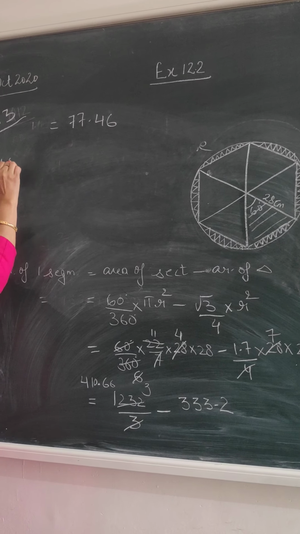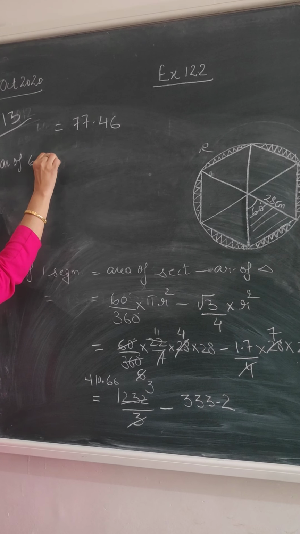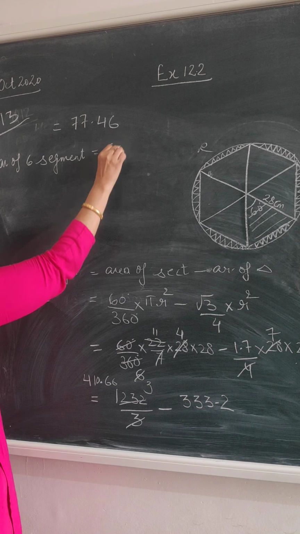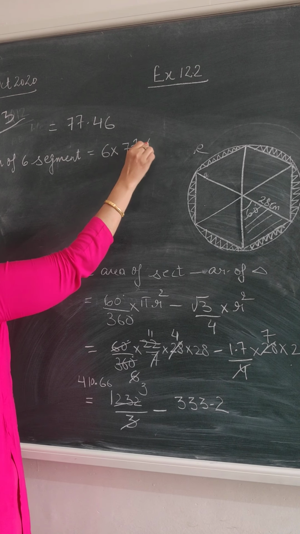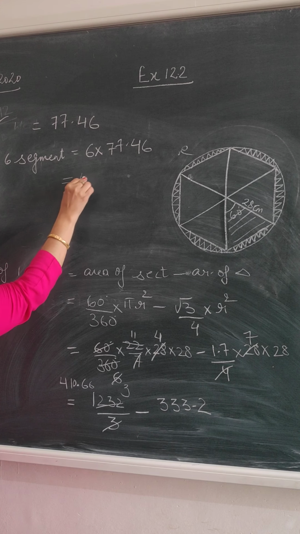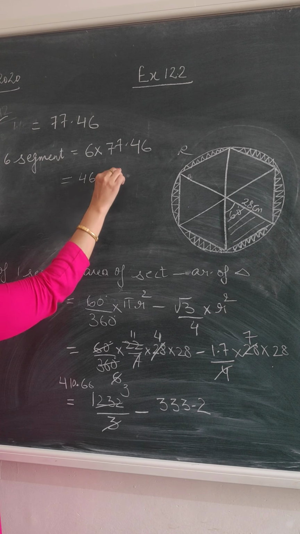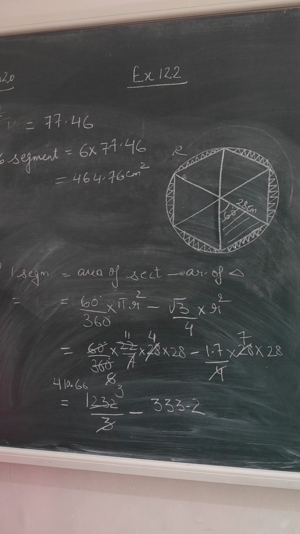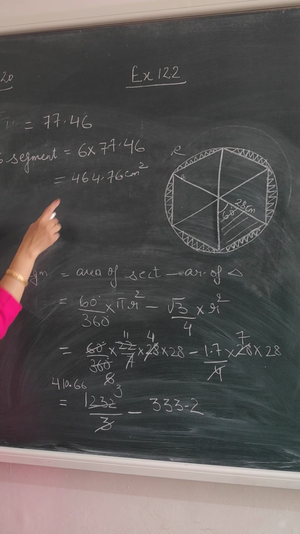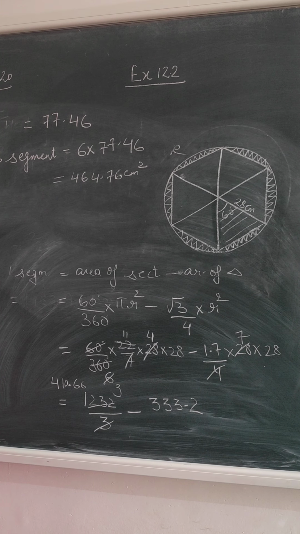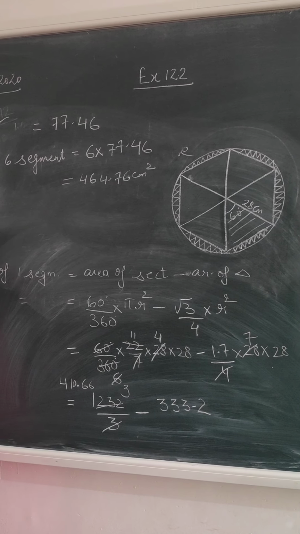So area of 6 segments is equal to 6 into 77.46. Now this comes out to be 464.76 centimeter square, or you can write this as 464.8 centimeter square, because we have to find cost also, तो one place तक round off कर सकते हैं.